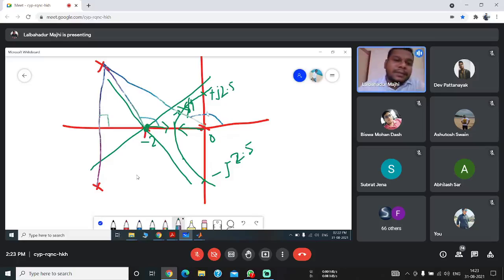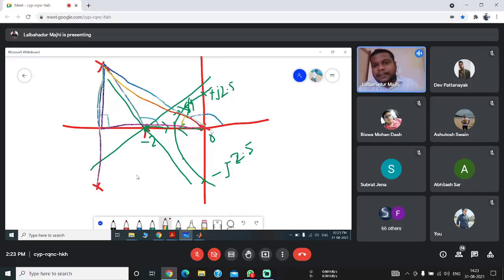You can use your protractor to measure it, or if you don't want to consume more time, you can calculate it using this right angle triangle. You can determine this angle, and then by subtracting it from 180 we will get this angle.